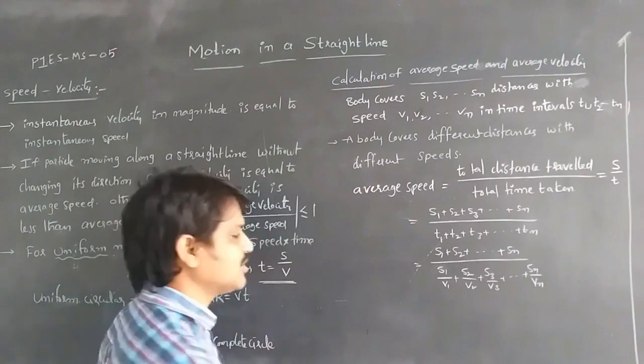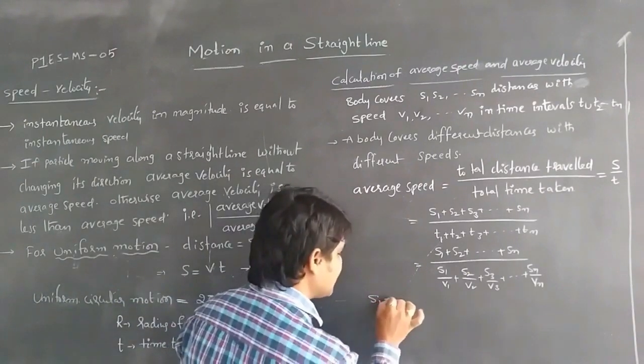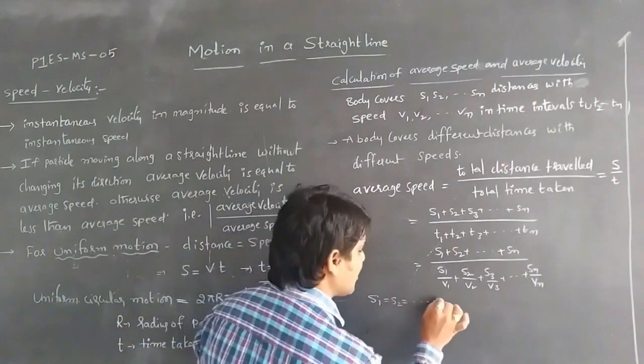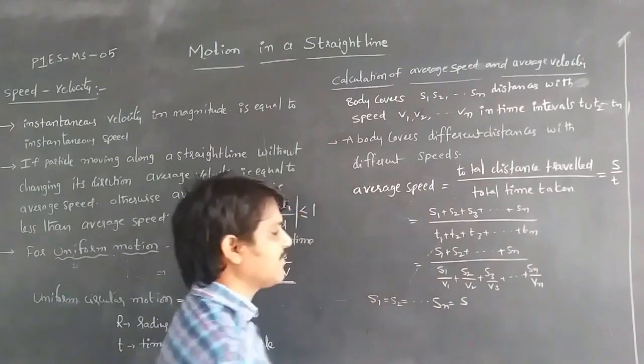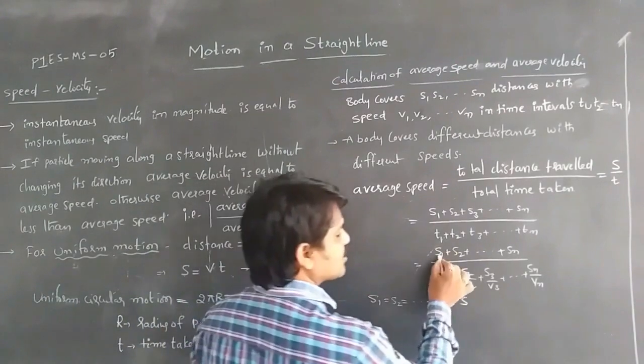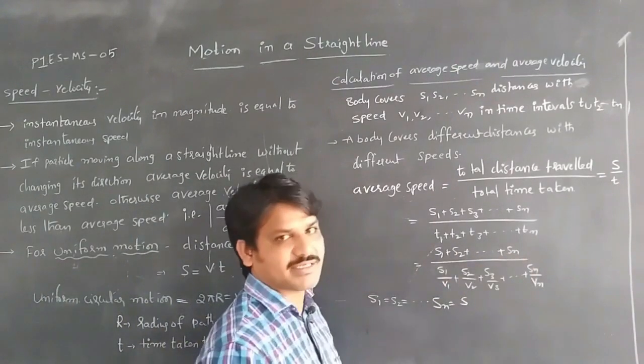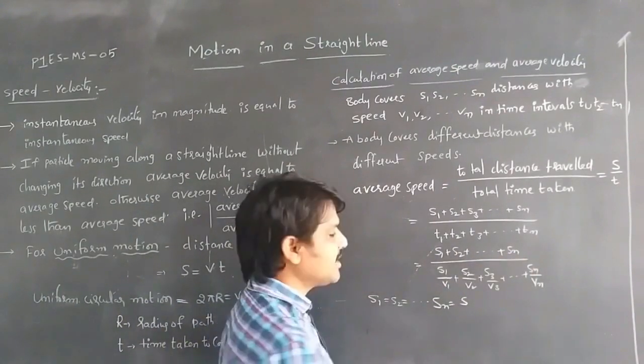In case the distances are equal, whenever the body is in uniform motion, s1 = s2 = up to sn = s, then the total becomes a number times s.